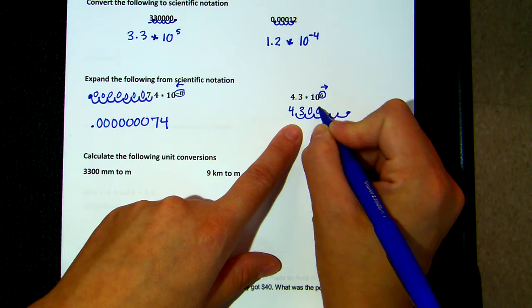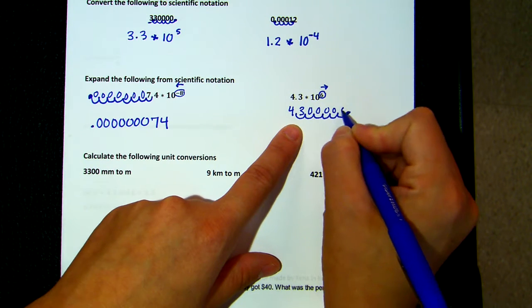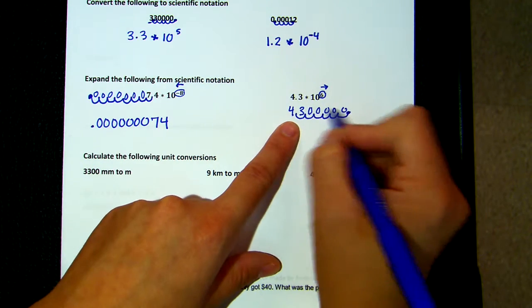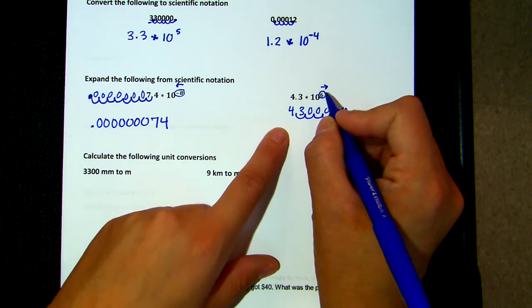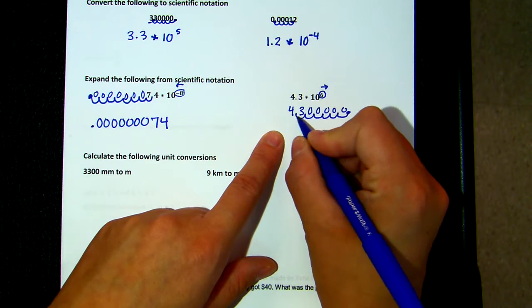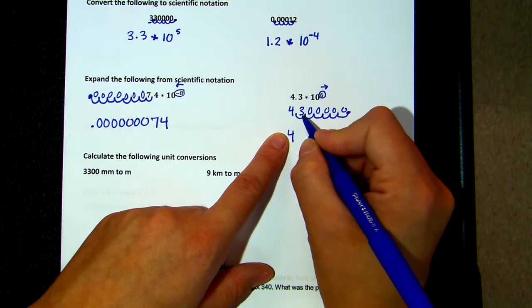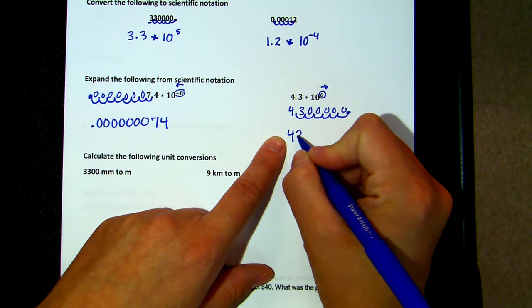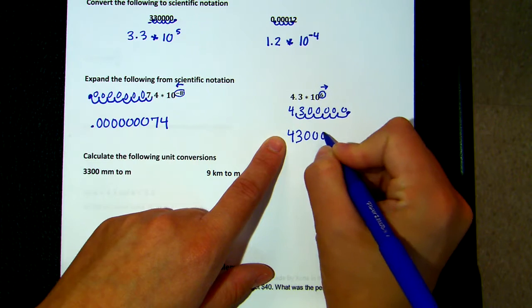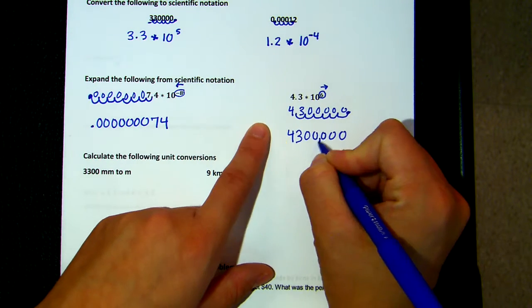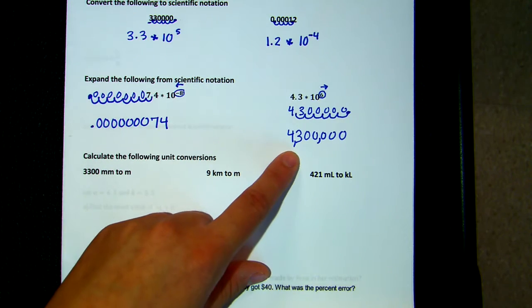So 1, 2, 3, 4, 5. Again, notice our number of zeros is 1 less than our exponent, because we have to take up 1 space moving past the 4 and the 3. So that gives me 4, 3, and then 1, 2, 3, 4, 5 zeros, and I put in my commas.